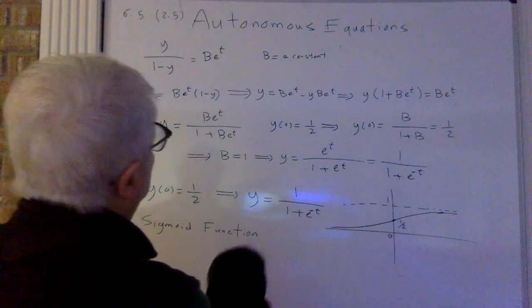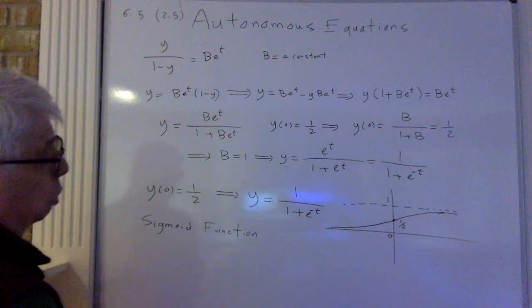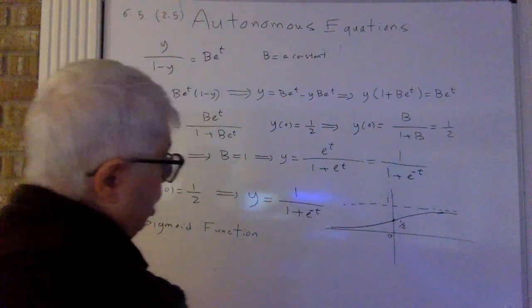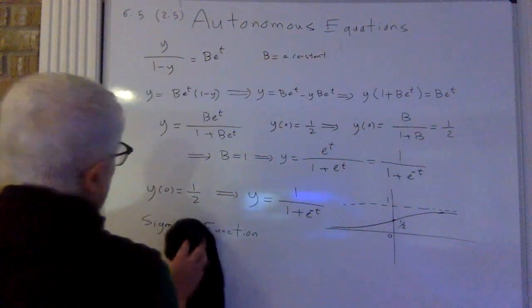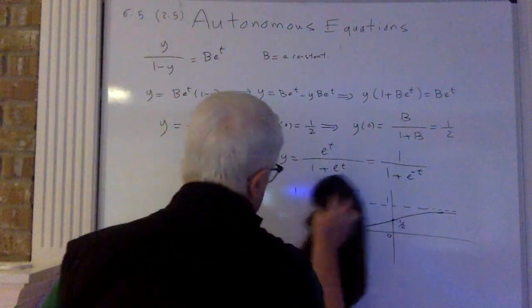Now, let's try another one where the right-hand side is of degree more than 2, and see what happens.